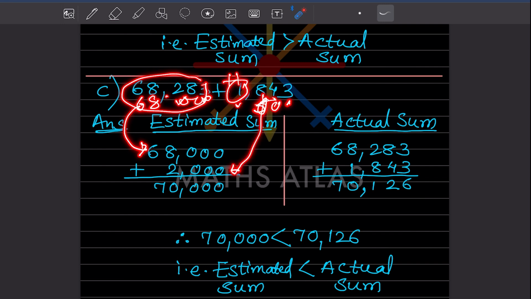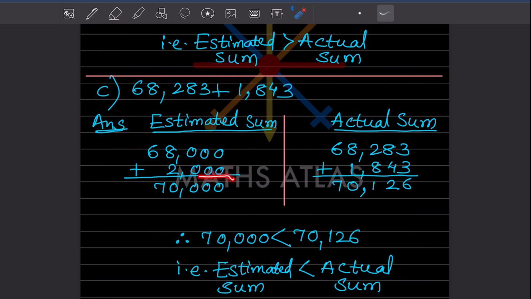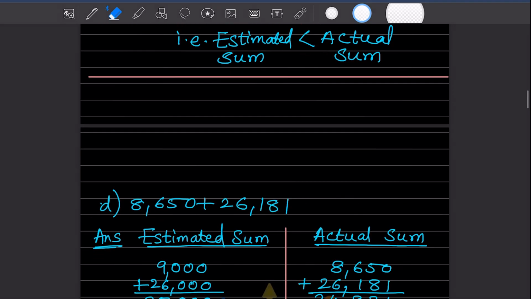That whole thing is explained in the previous video. So this comes to be 70,000. Now for the actual sum, these remain the same, so you get 70,126. Here you can see 70,126 is greater than this one, so you open the mouth over here. So we say the estimated sum is less than the actual sum.